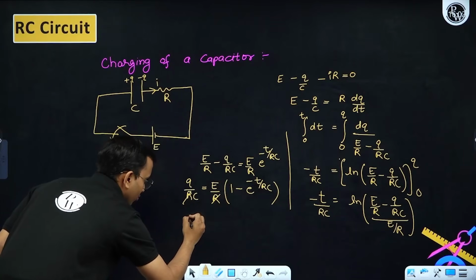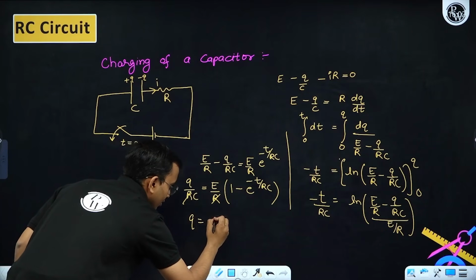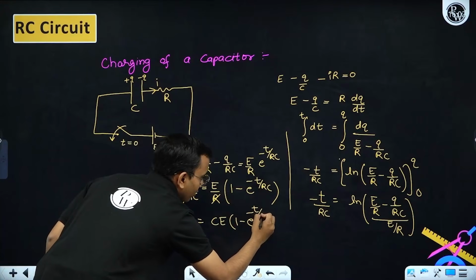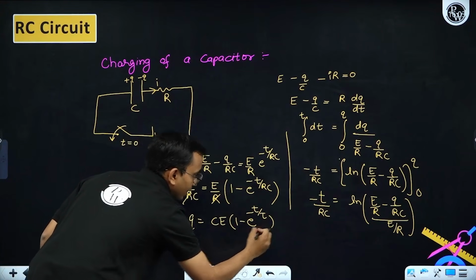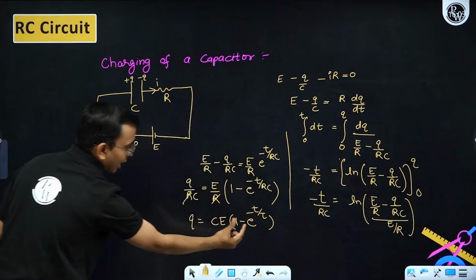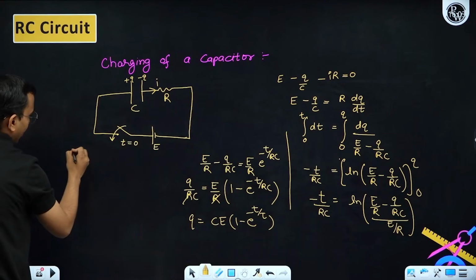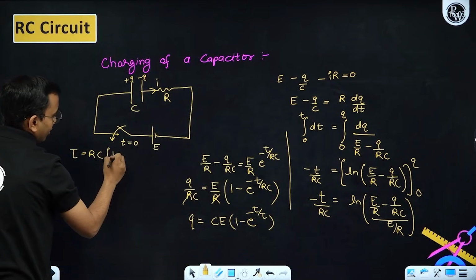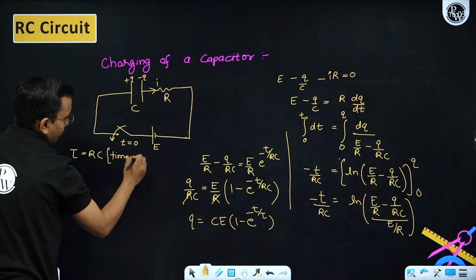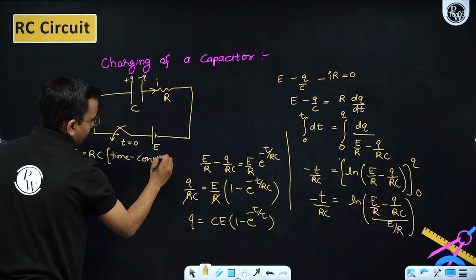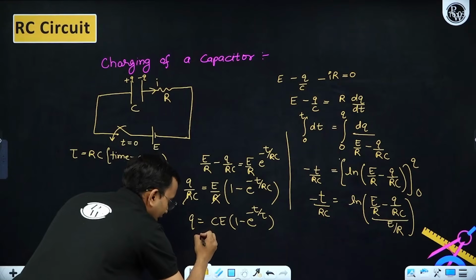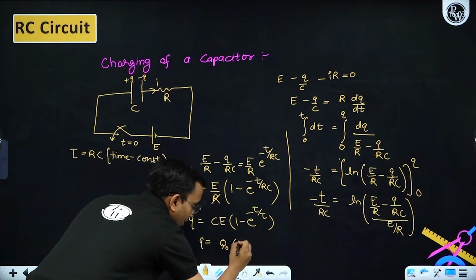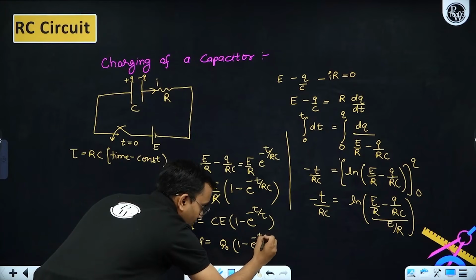So Q comes out to be CE into 1 minus e to the power minus t by tau. T by tau I am saying here. This tau means the time constant, that is my RC. This tau is RC here, which I say as the time constant. And I can say that Q is equal to Q naught into 1 minus e to the power minus t by tau.